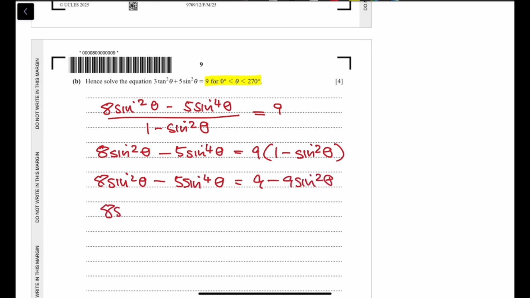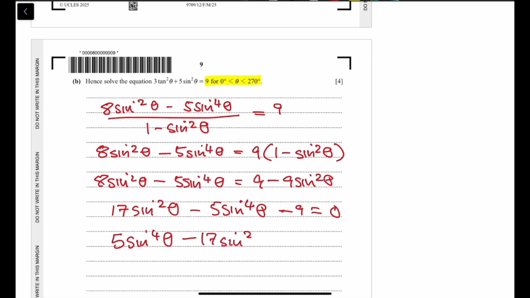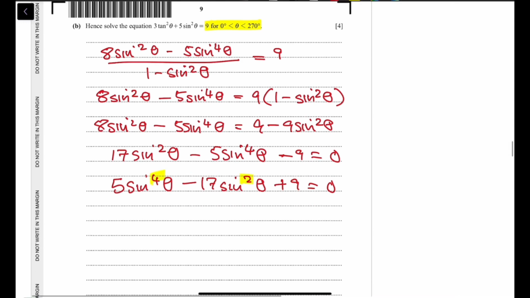What I can do is move this to the other side. So I will get 17 sine squared theta minus 5 sine to the power 4 theta minus 9 equals 0. I should have moved that to the other hand side actually, so 5 sine to the power 4 theta minus 17 sine squared theta plus 9 equals 0. If you can't already recognize, this is actually a quadratic.